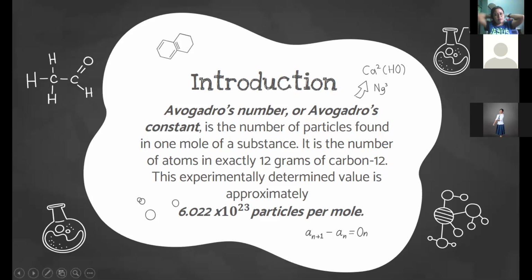So this experimentally determined value is approximately 6.022 times 10 to the power of 23 particles per mole. So basically, this number, 6.022 times 10^23, is considered as the Avogadro's number.